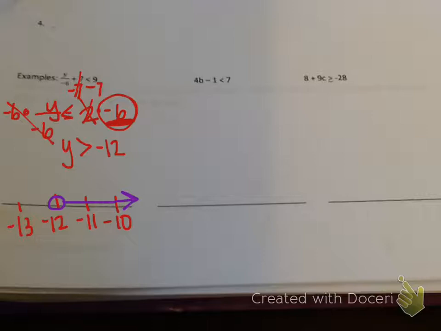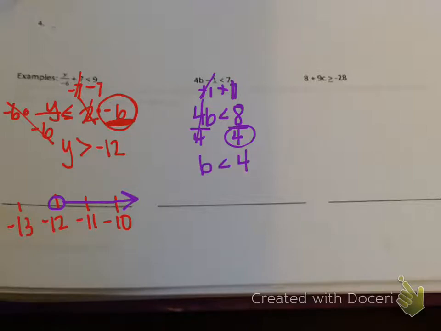Alright, let's take a look at the next one. 4b minus 1 is less than 7. I would add 1 on both sides. So 4b is less than 8. Divide by 4. This is a positive, so I don't do anything to my inequality.